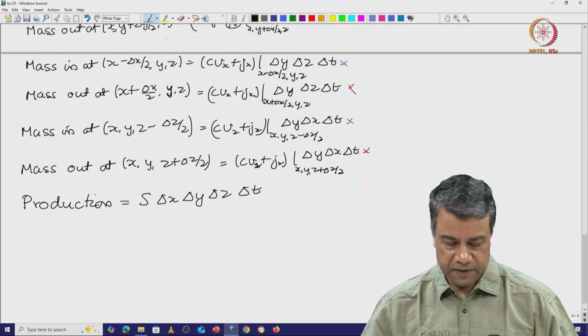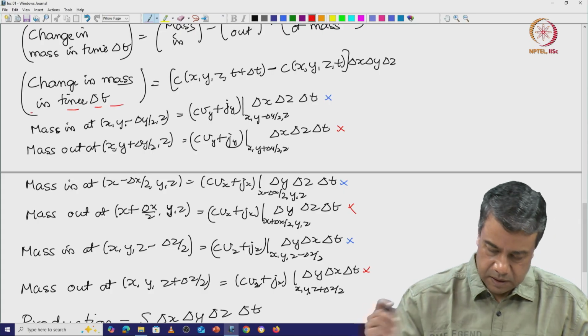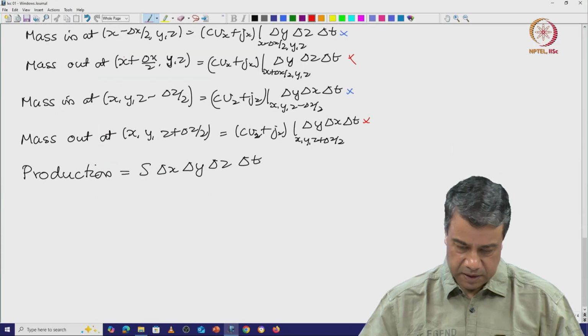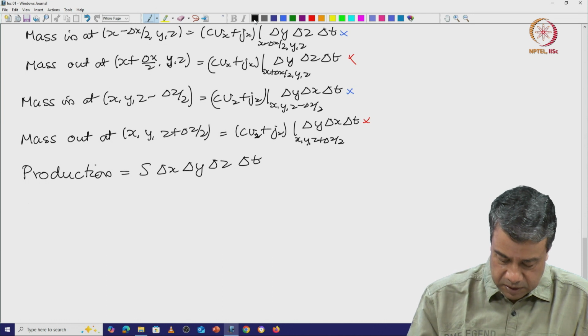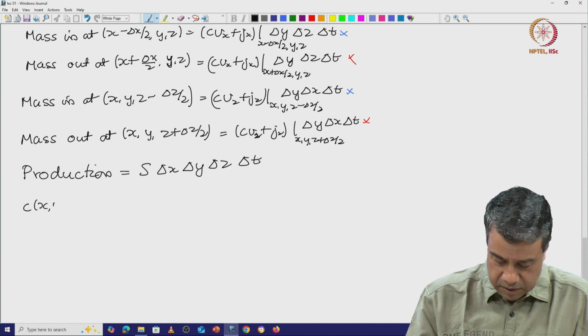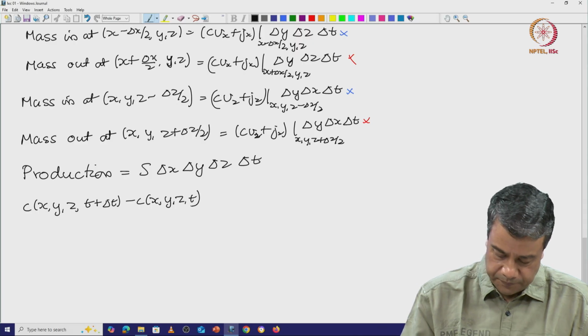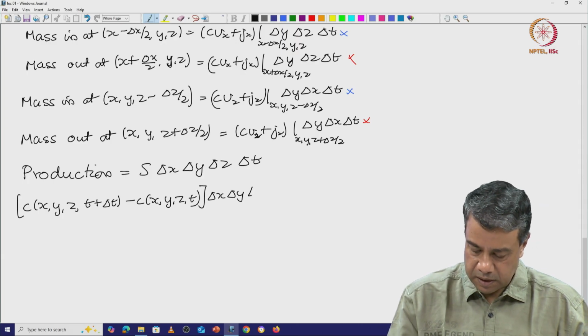The left side is the change in mass in a time delta t. So, that change in mass in a time delta t is equal to C at x y z, t plus delta t minus C at x y z, t, into delta x delta y delta z.